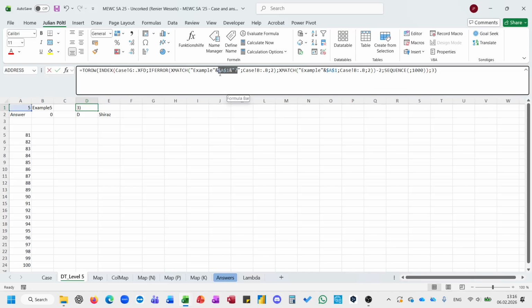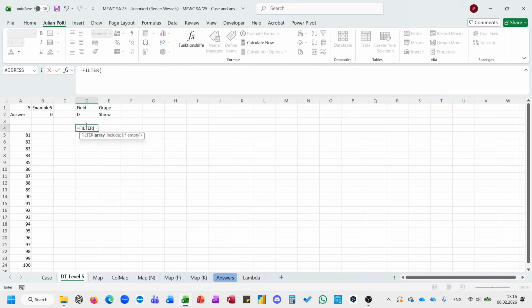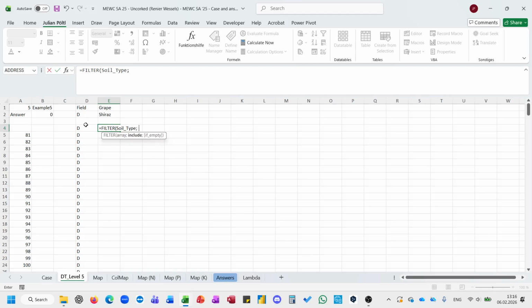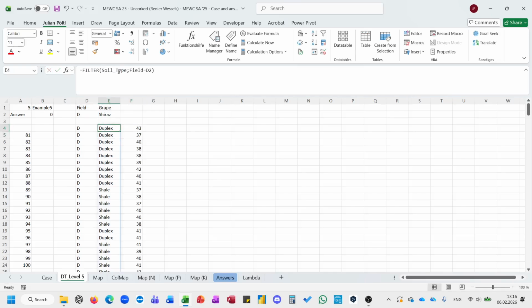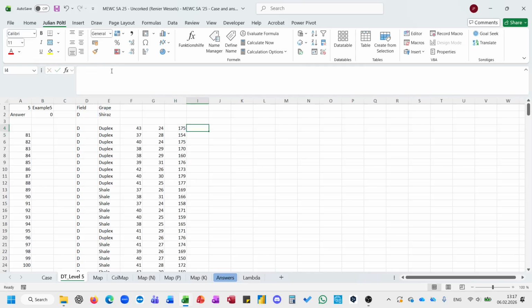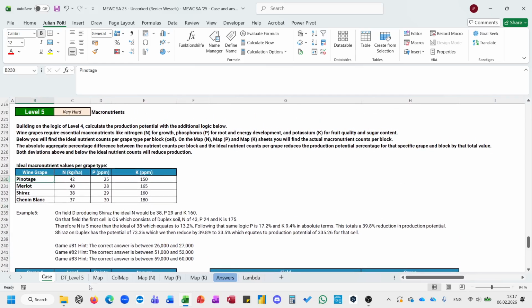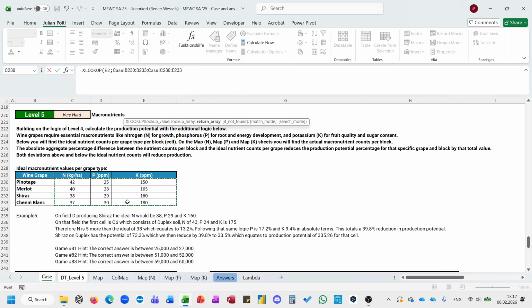Example 5. Anyway, so filter field if field equals this here, equals FILTER soil type if field equals this here, and then N, P, and K. Okay, the searched per right grape, so equals XLOOKUP grape in here, returning those values.